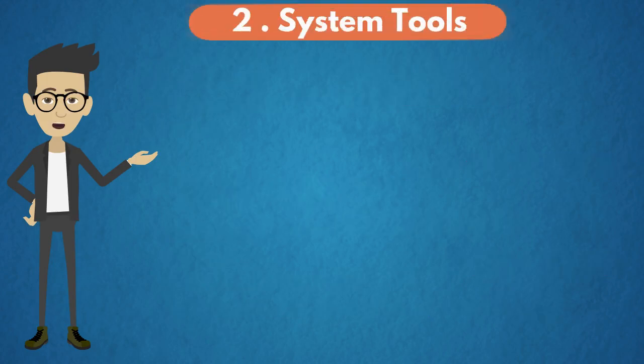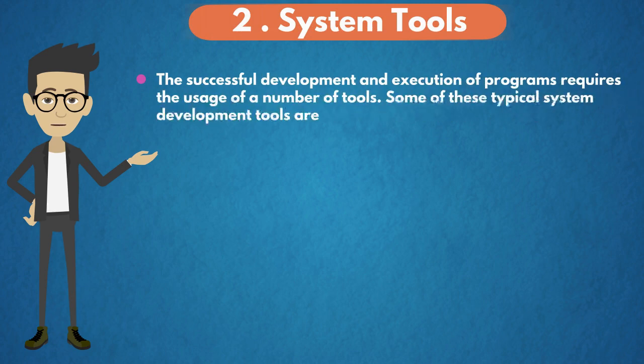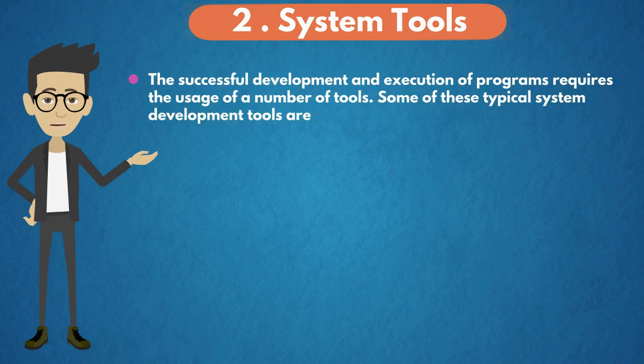The second concept is system tools. The successful development and execution of programs require the usage of a number of tools. Some of these typical system development tools are: first, assembler. It translates assembly language to machine language. Second one, compiler. It converts source code to object code.